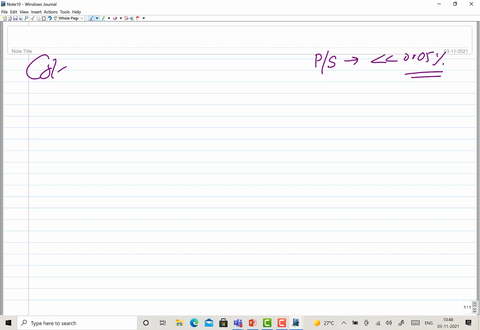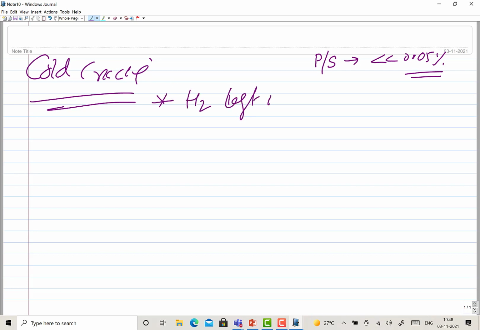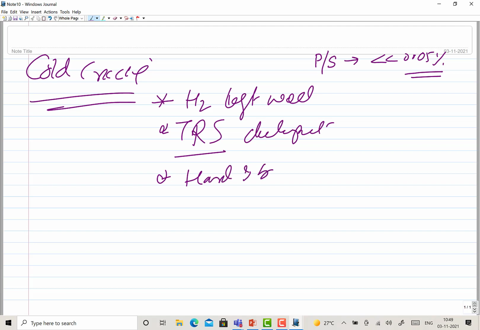Coming to the cold cracking. Okay, cold cracking is caused by three situations: there is a lot of hydrogen left in the weld, there is a high tensile residual stress, TRS, developed in the weld zone, and the formation of very hard and brittle constituents in the weld zone like martensite.